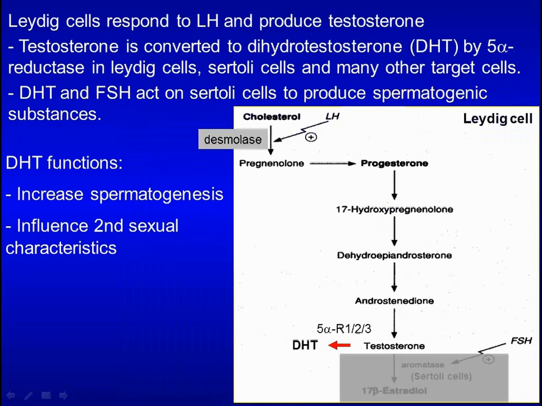Here we take a closer look at Leydig cells. And this is a Leydig cell. It receives signaling from luteinizing hormone. Activated luteinizing hormone receptor activates cholesterol desmolase. Androgen synthesis is increased.